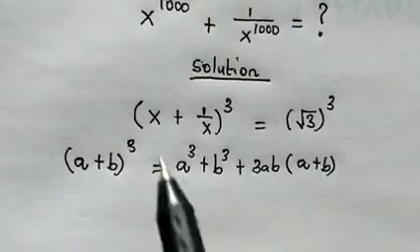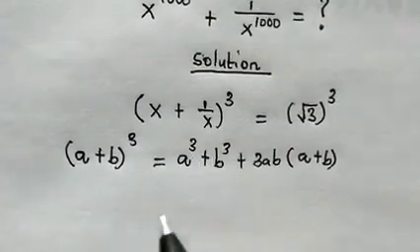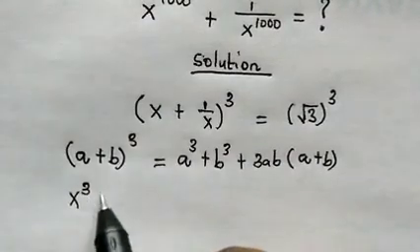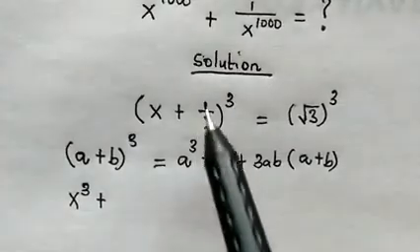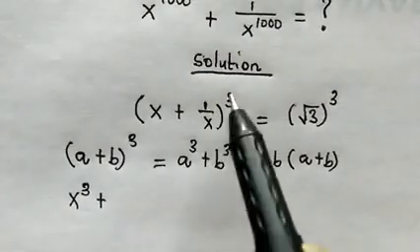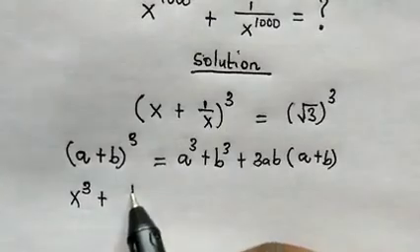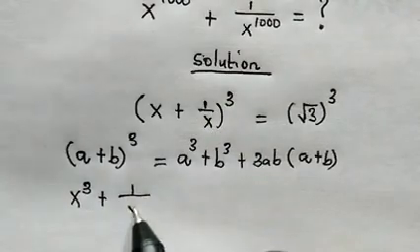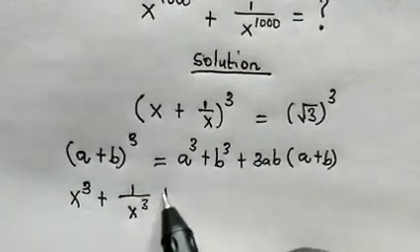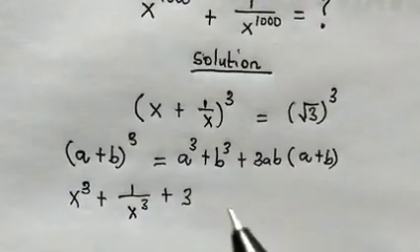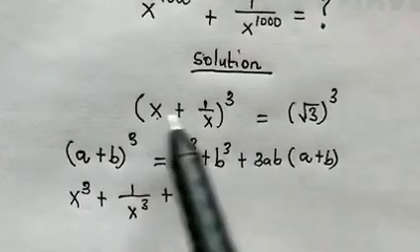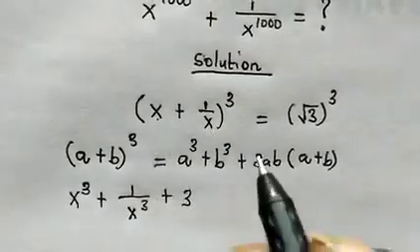Now, applying this property at the left hand side, we get x cubed plus 1 over x cubed. We know that 1 cubed will give us 1, divided by the bottom cubed, which is x cubed, then plus 3. Now here we multiply a and b. If we multiply x and 1 over x, that will give us 1.